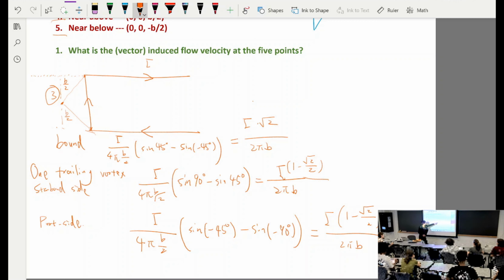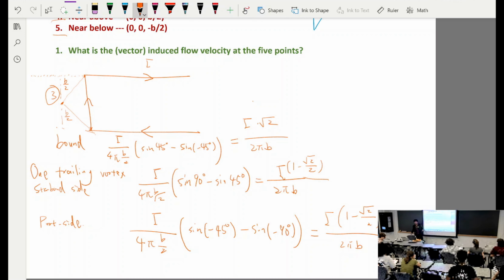So if you add these two up, is it bigger or smaller than this? Square root of 2 is like 1.4-ish. 1 minus square root of 2 over 2 is like 0.3-ish. So adding them up is 0.6-ish. This by itself is like 1.4, so this is actually a lot bigger than the sum of these.